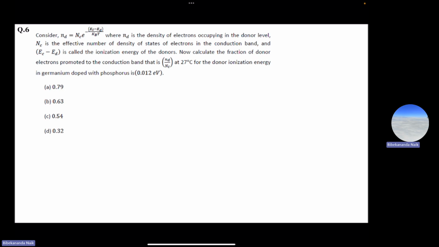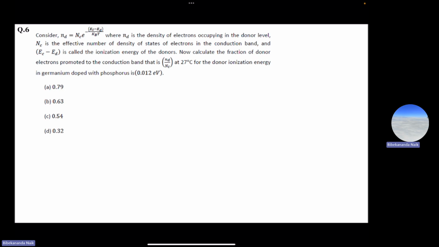That is the energy difference between the donor level and the conduction band. Now calculate the fraction of donor electrons promoted to the conduction band, that is Nd by Nc, at 27 degrees Celsius, that is room temperature, 300 Kelvin. For the donor ionization energy in germanium doped with phosphorus, the ionization energy is 0.012 eV.